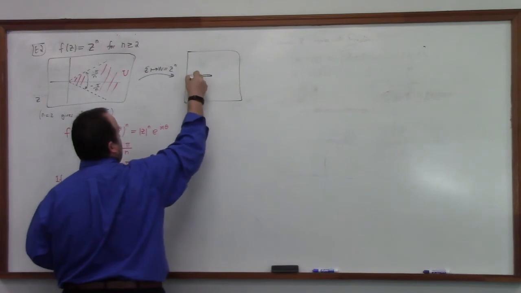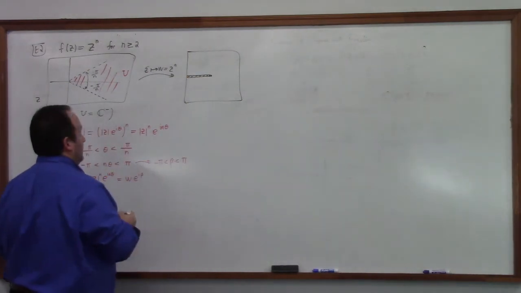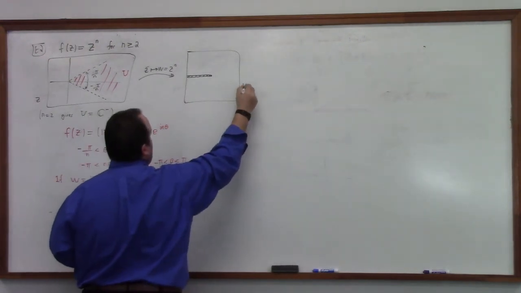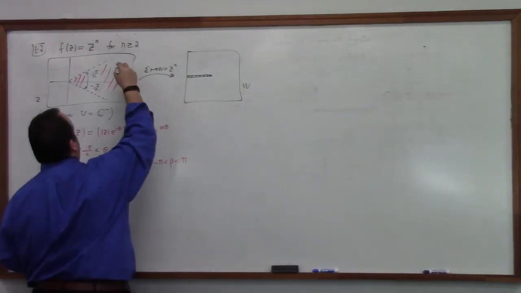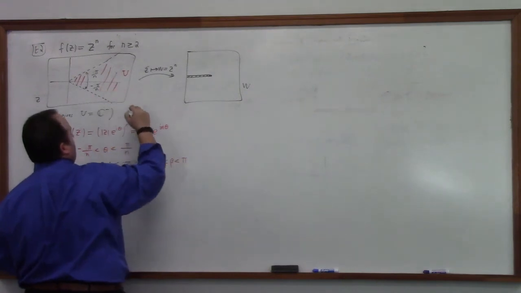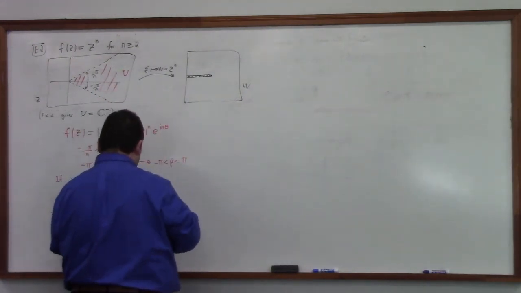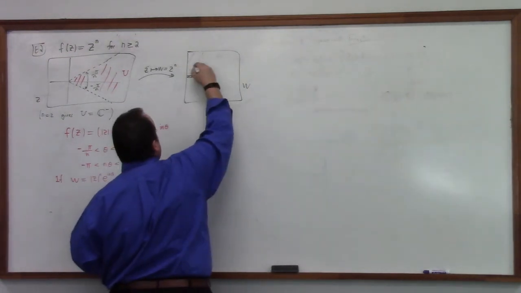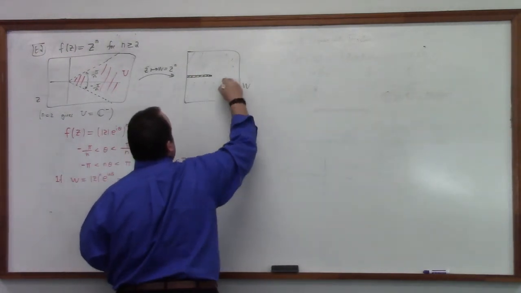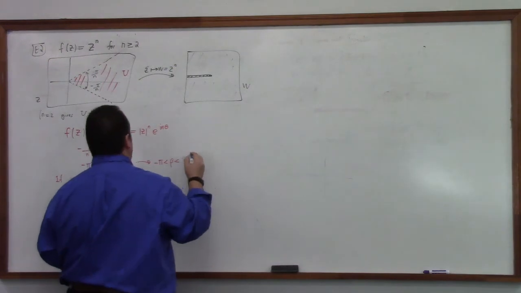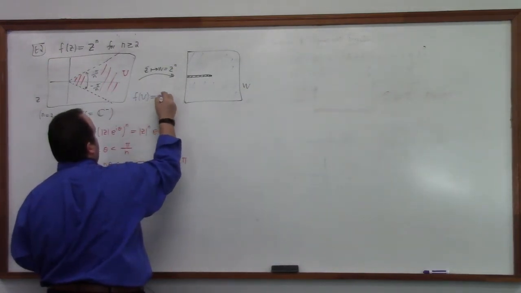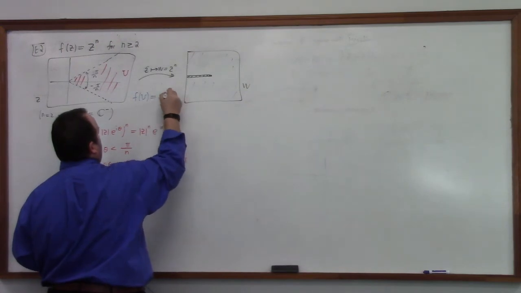I'm missing this. So the image here, this is the w plane. But what we have here is this sector mapped to everything, right? Except what? Right, so in short, f of U, in this case, was just equal to C minus.